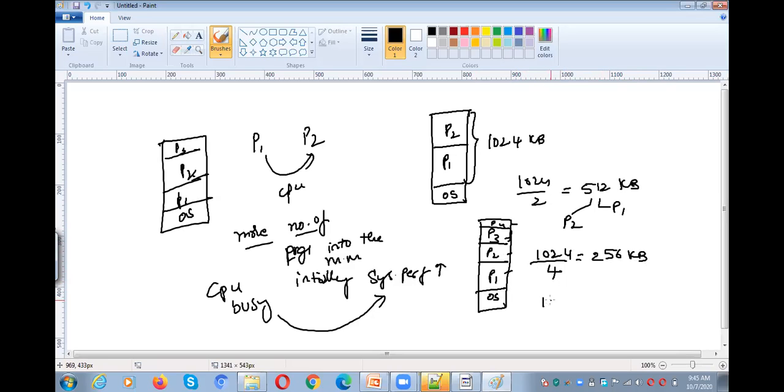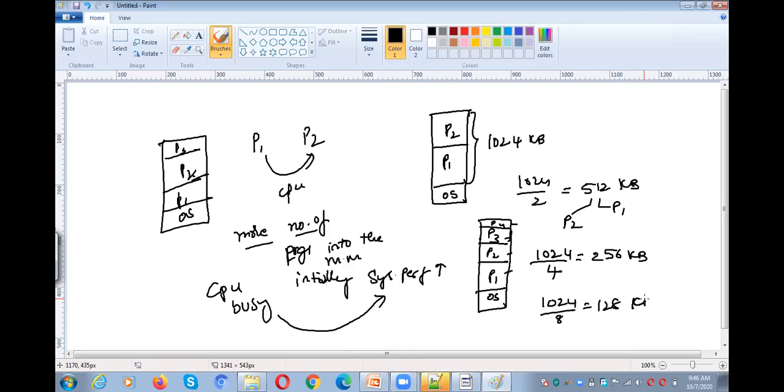Likewise, if you increase it to 1024 by 8, the situation is that it is reduced even further. What is 1024 by 8? Right, 128 KB.